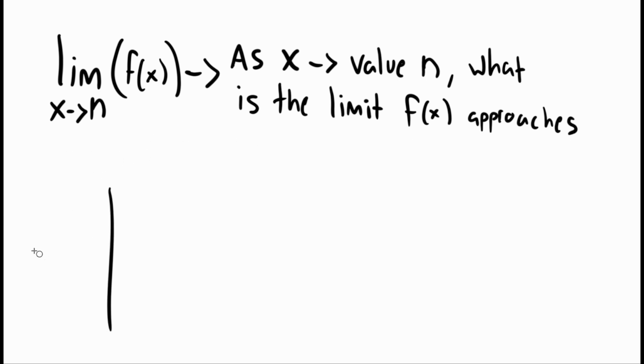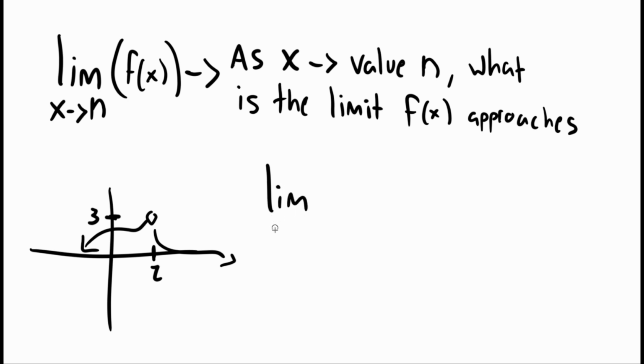So when we have graphs that look something like this, where it's obviously leading to a point, and maybe it's discontinuous at other points, this helps us to get the value at a specific value, n. So let's say n is 2. This would just be represented as the limit as x approaches 2 of f of x.